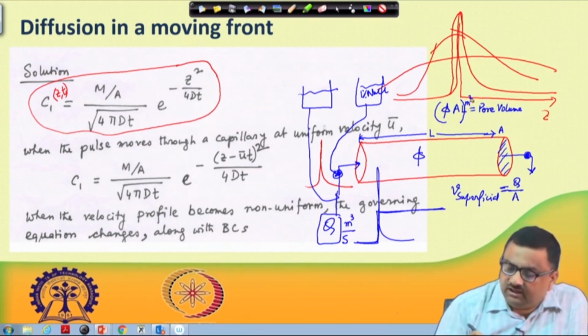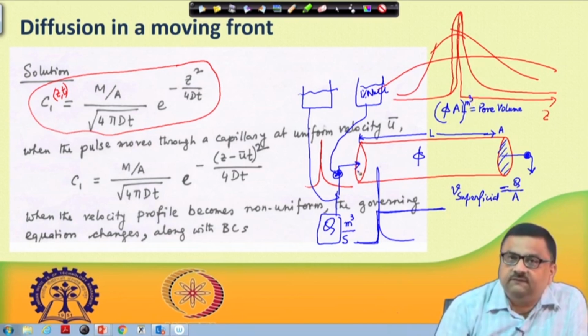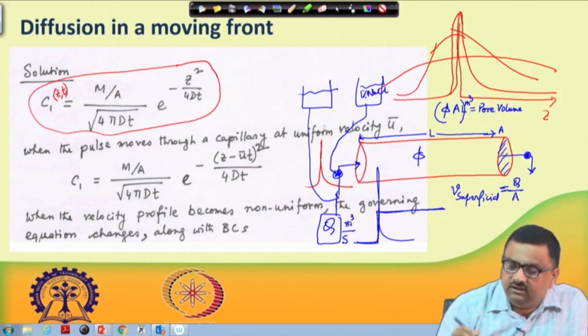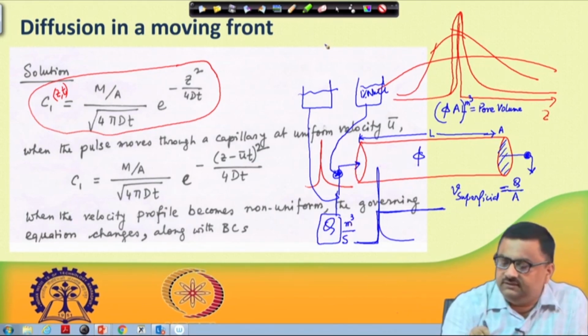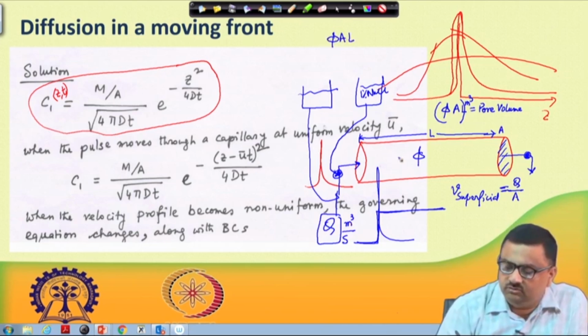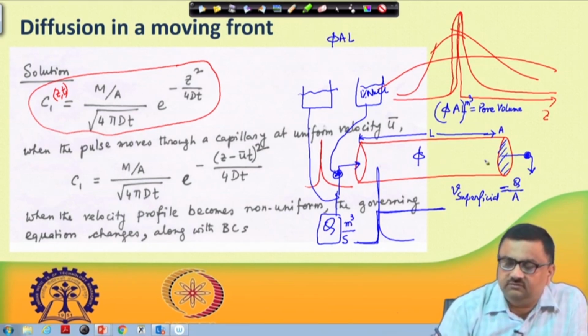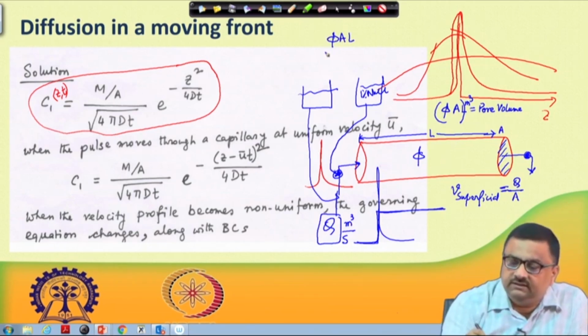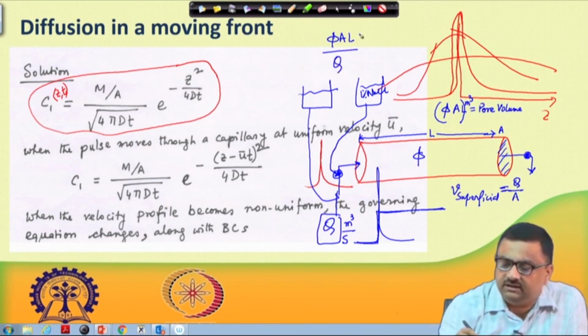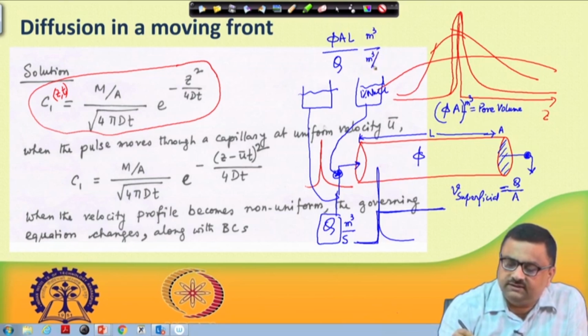Then how long does it take for the fluid that is injected here to reach the outlet? phi AL is the total void volume, and Q has to travel through this void volume, right. So, this divided by Q: the numerator is meter cube and the denominator is meter cube per second.